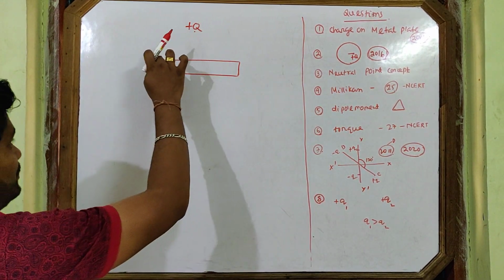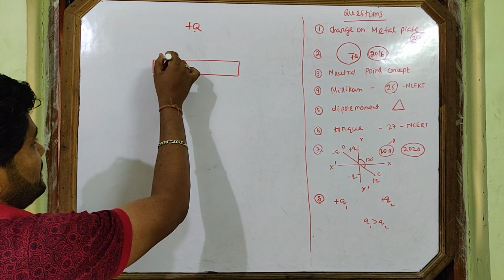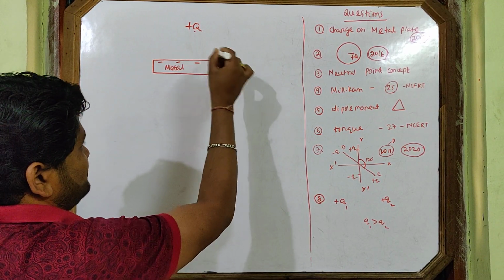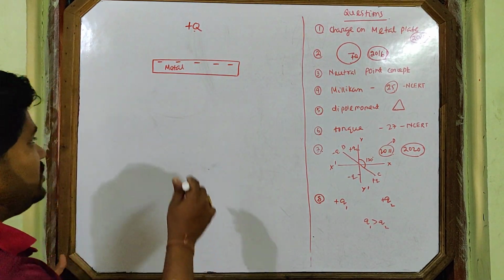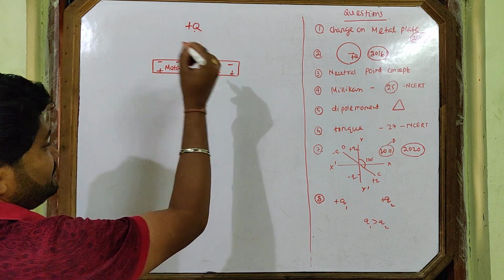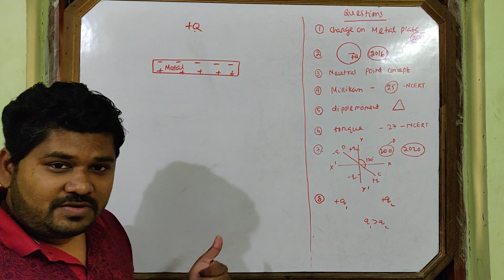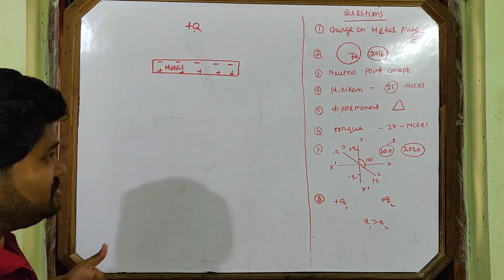The near surface of plus Q develops minus charge. Free electrons will move to that side and the other end effectively becomes plus charge. Is it clear now? Always remember, metal means induction happens.